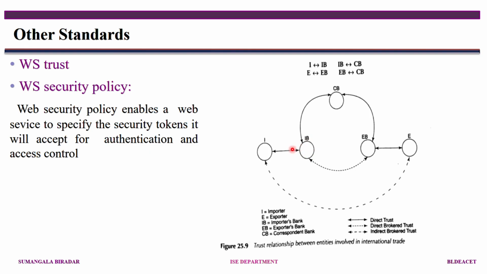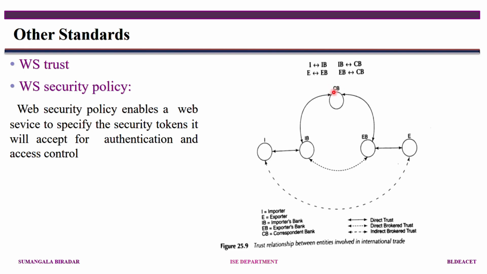The importer's bank will check the identity of the importer. Once that identification is verified, IB will send a request to CB, the correspondent bank. This correspondent bank acts like a security token service provider. Security tokens are provided by this CB.